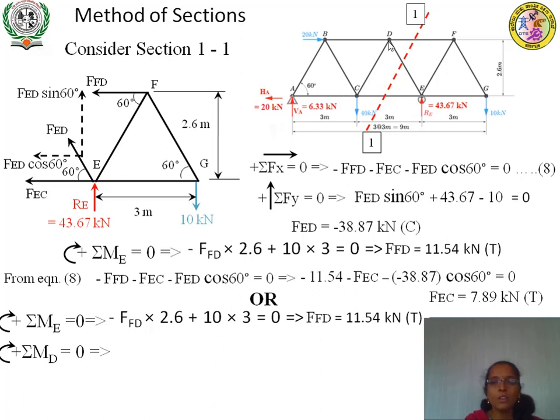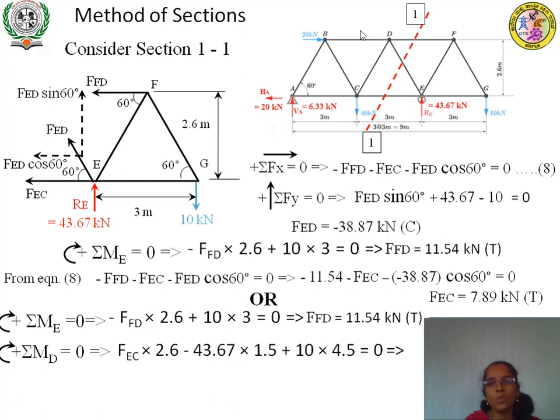About D means only this force will be there and these two will be joining at this point, so that moment of those two will be eliminated. So this force, reaction and this 10 kilonewton, we have to consider those three. If you write it, FEC into 2.6, so this FEC, force in member EC, and this vertical height is 2.6.